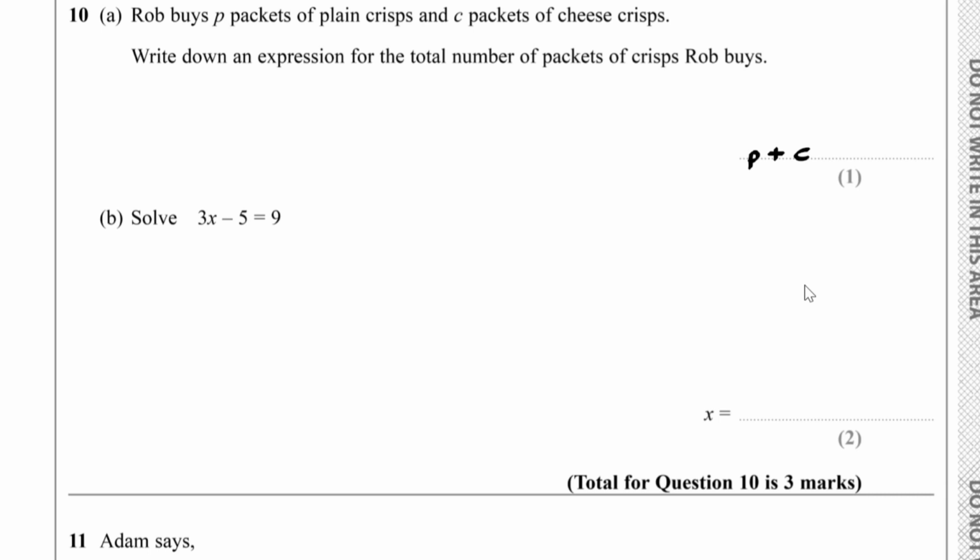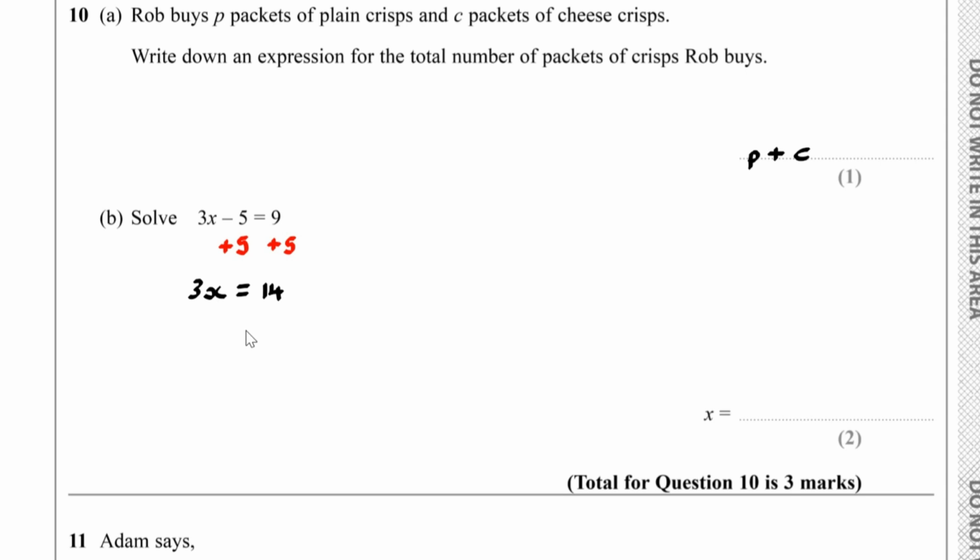For part B, we have to solve 3x minus 5 equals 9. First thing we can do is add 5 to both sides, leaving us with 3x equals 14.